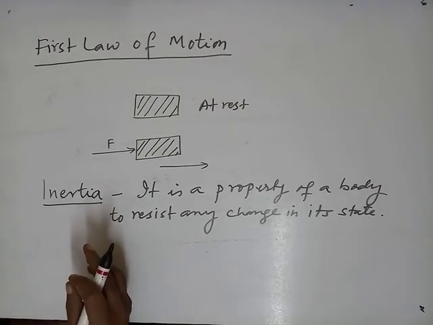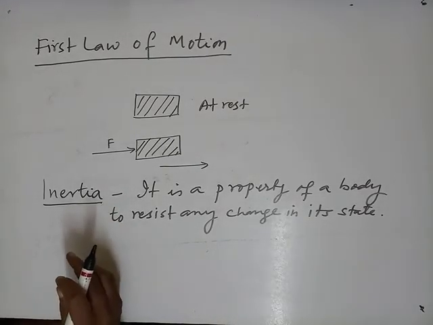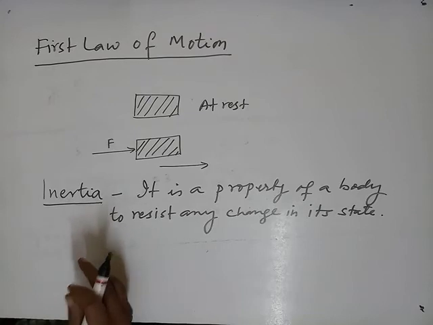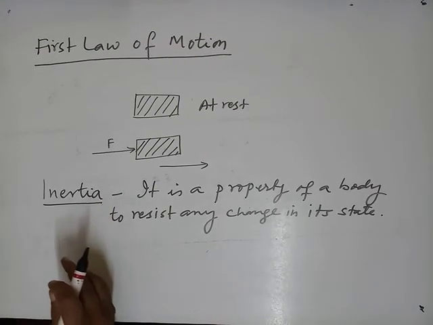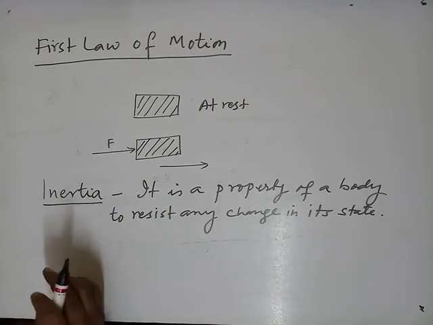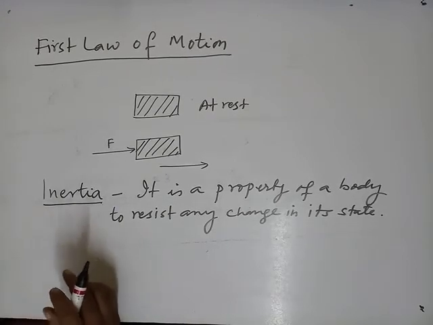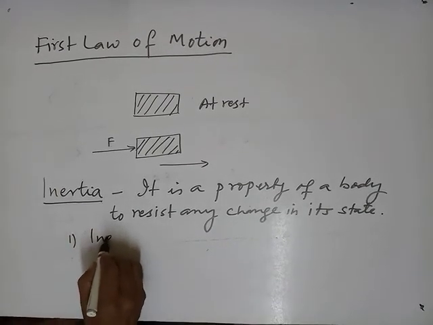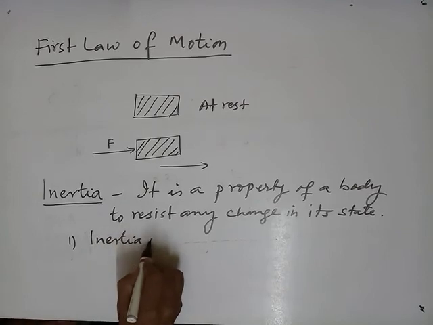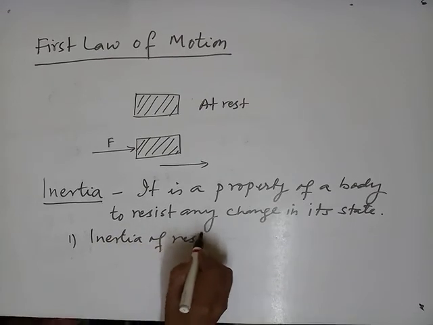When an external force is applied on it, then only the body will change its state, either at rest or in motion. So inertia is of three types here. First is the inertia of rest.